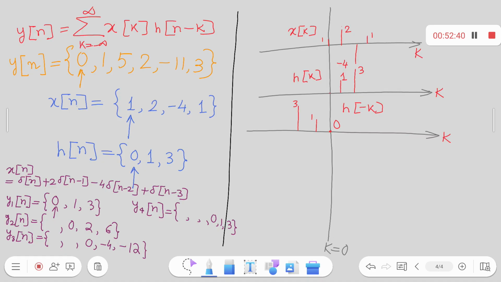I can also reflect x of k. I am coming to that. So as far as the formula is concerned, I am just reflecting h of k. I am getting h of minus k. I have got x of k, I have got h of minus k, and this is basically the multiplication. There is no star sign between these two, you have pure multiplication, x of k and h of minus k. Simple multiplication, a into b, something like that.